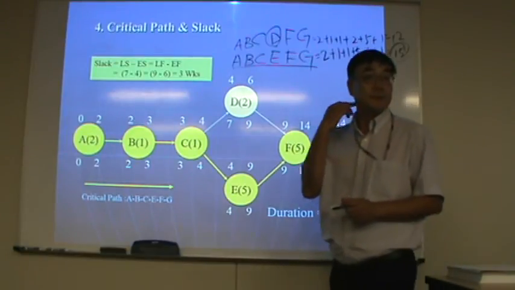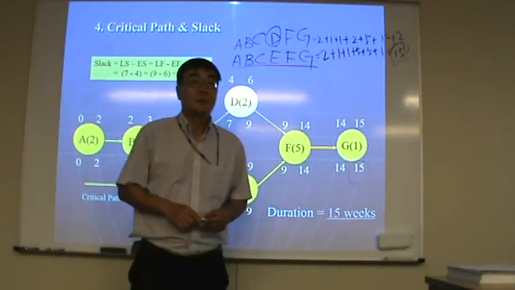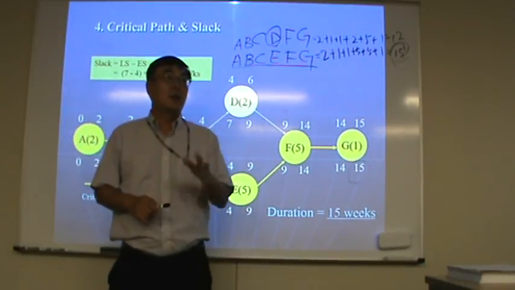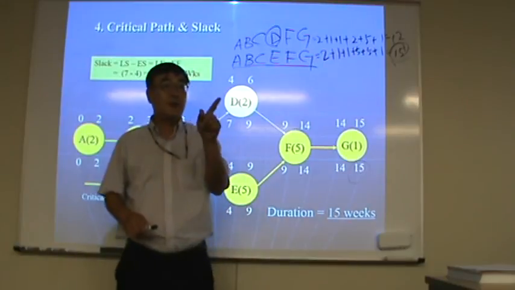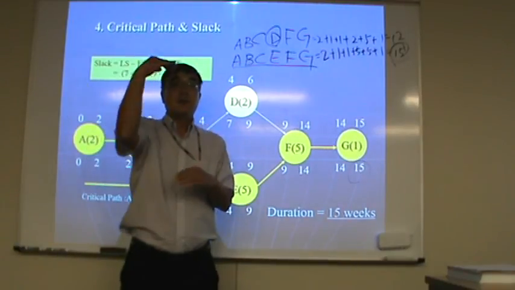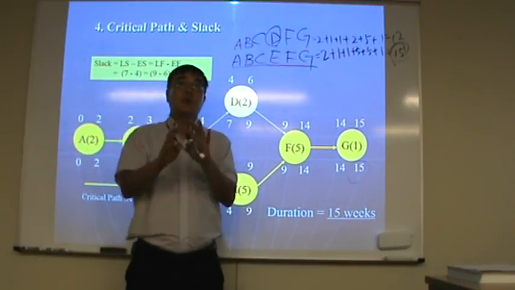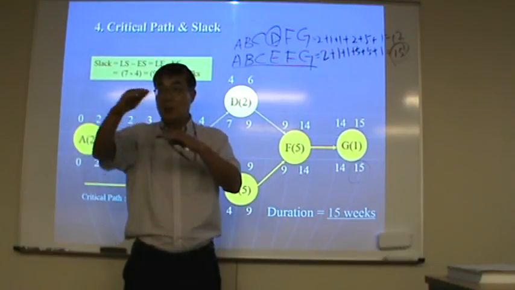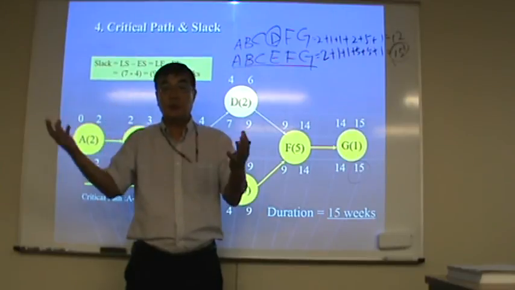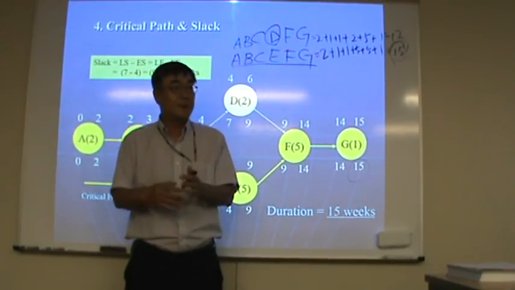Okay? So when you take the quiz and final using this method to find the critical path, first you need to determine what paths there are: 2, 3, sometimes 4, 5.